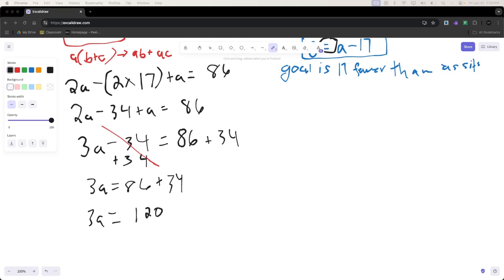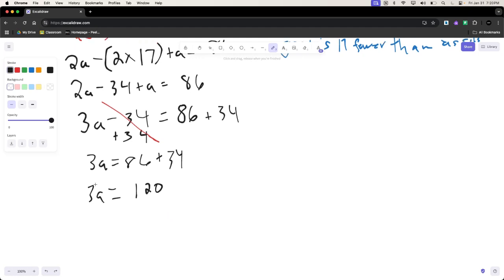Then what we want is we don't want 3 times a, we want just a singular a, right? We want the value of a itself. We don't want the value of a times 3 or 3 times a, which is what we have right now. So what I mean by this, just to be a little bit more clear, is that this expression tells us that 3 times a equals 120. But what we want to know is what 1 times a, or just a by itself, would equal.